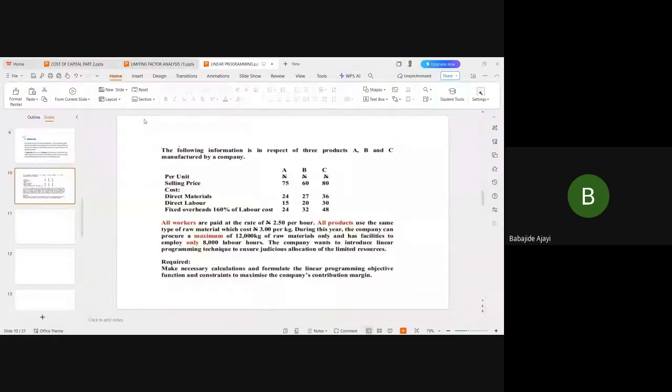That is the selling price minus the variable cost, so the selling price minus direct materials and direct labor. Direct material and direct labor will give us 39. So it will be 75 minus 39, that is 36. And that will be the contribution for product A.